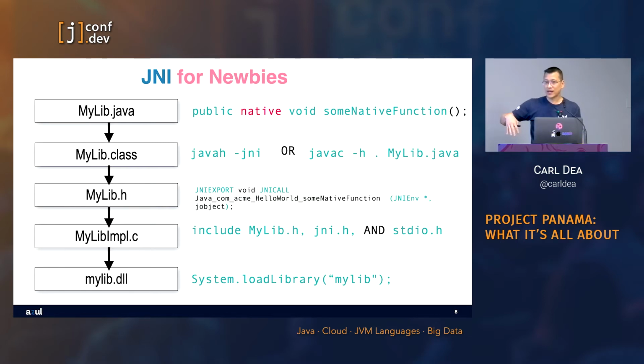And on Macintosh, it's mylib.dylib, like dynamically loaded libraries. The naming convention is important because whether it's Mac or Linux or Windows, the main name is called mylib.